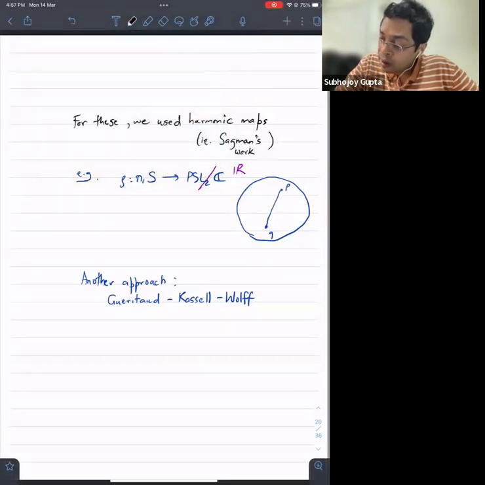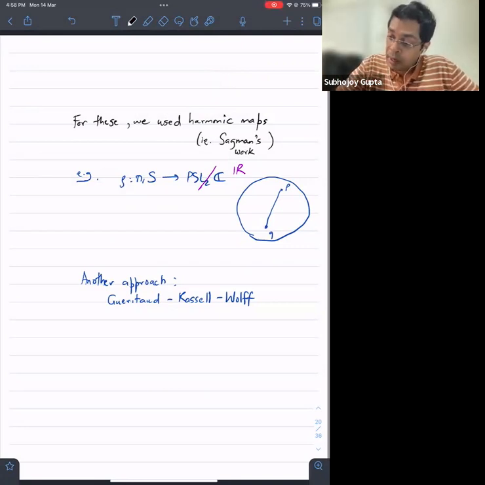So these representations are going to be degenerate, and for this we had to rely on harmonic maps again, but maybe there's a different approach without harmonic maps. In fact, there is one by Gueritaud, Kassel, and Wolf, whom I mentioned.